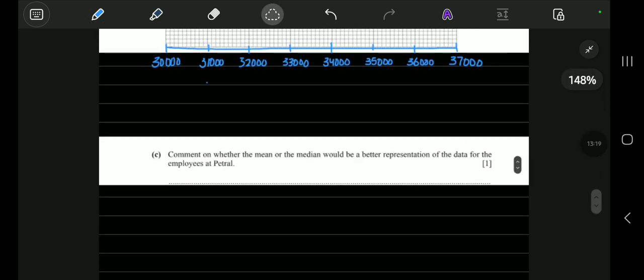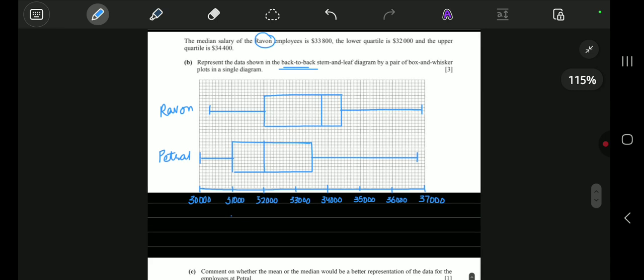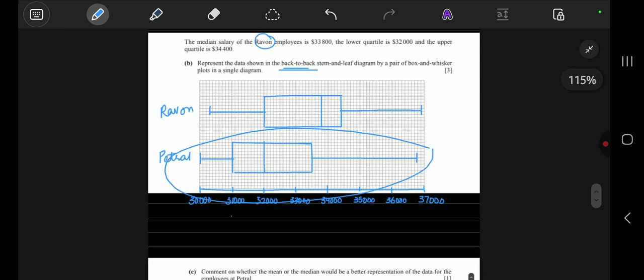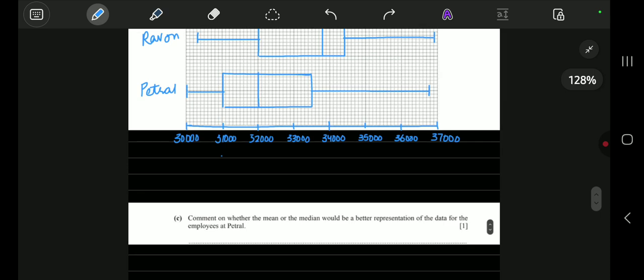Now part C. Part C says comment on whether the mean or the median would be the better representation of the data for the employees at Petrol. In this case, the median would be the best way. Why? Because the median gives you a better understanding of your data, as there is an extreme value, 36,800, which means the mean would not be a good representation of the data.